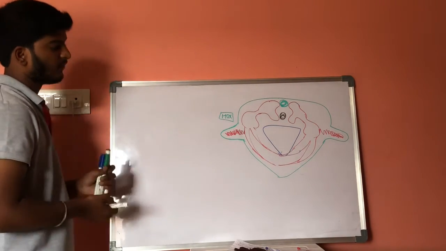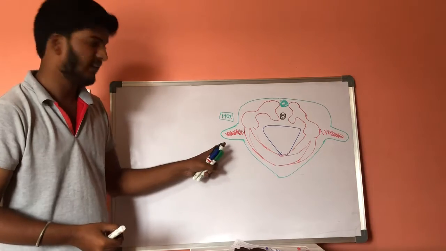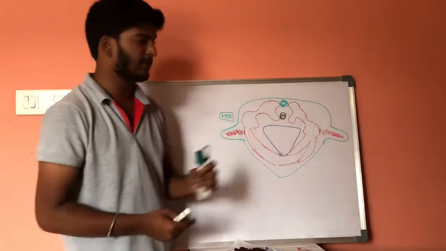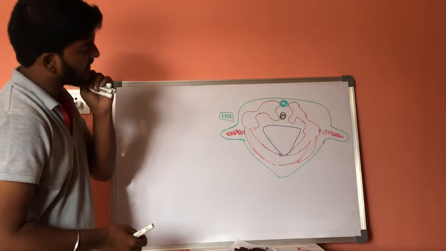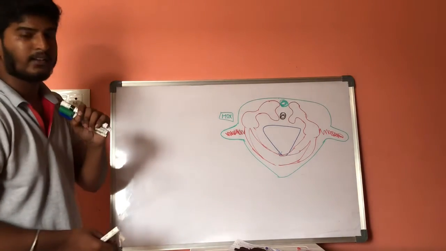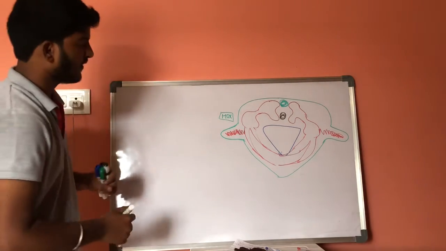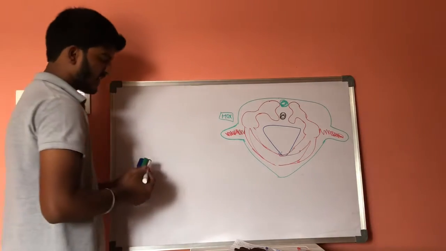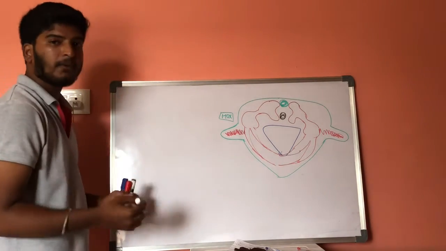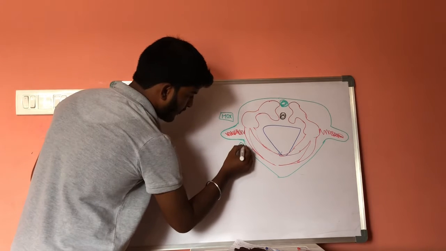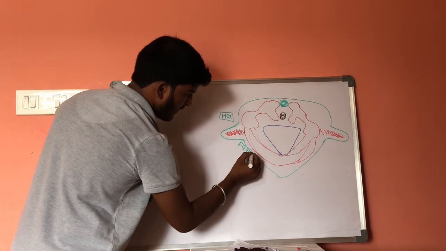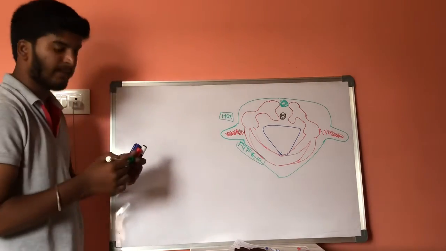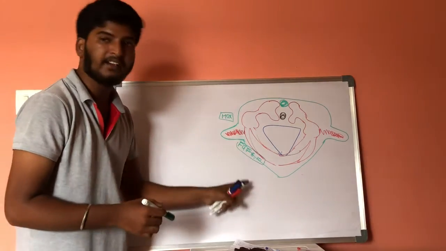Now, whenever there is elevation of this ectoderm and somatic mesoderm, there are special growth factors that are called fibroblast growth factors, number 8 and number 10.